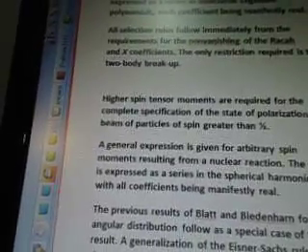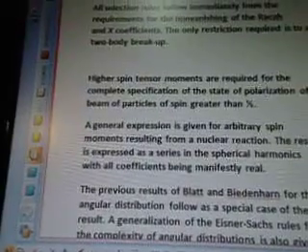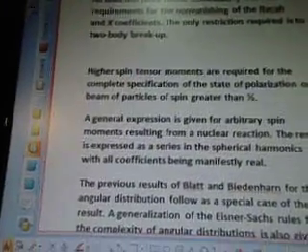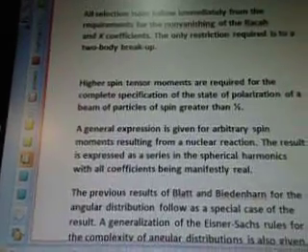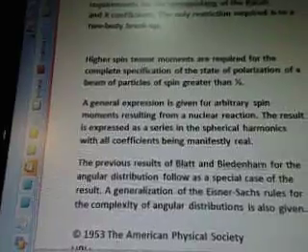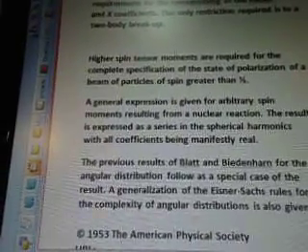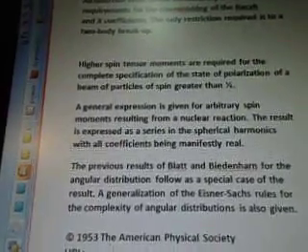But anyways, we'll go back to the notes here. It says the specification of the state of polarization of a beam of particles of spin greater than half. So a general expression is given for arbitrary spin moments resulting from a nuclear reaction. The result is expressed as a series in the spherical harmonics with all coefficients being manifestly real.